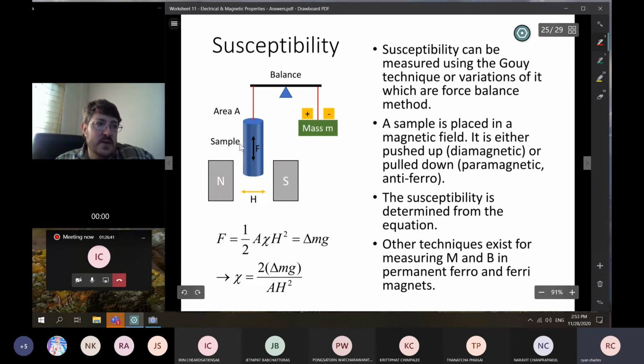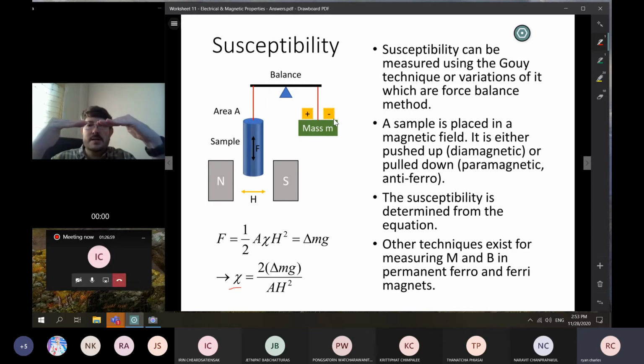There's going to be a force acting on it, and from that force we can figure out susceptibility. We have delta m g equals A times H squared. So we have to add or subtract mass to rebalance it. It's balanced, we turn on the magnet, and it moves up or down.